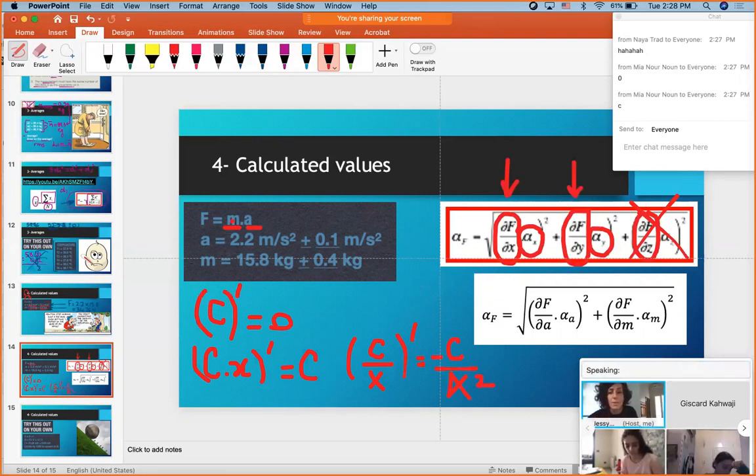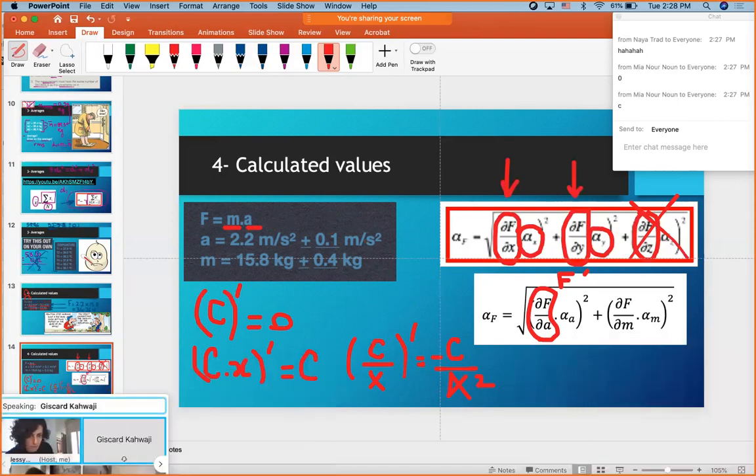So here I'm going to do the derivative of f. I'm going to take a to be my variable, meaning my x, and everything else to be constant. Giscard, I want you to help me. Derivative of f, if a is my variable, so this means f prime. Look, a is your x. What will be the answer? M. Exactly.